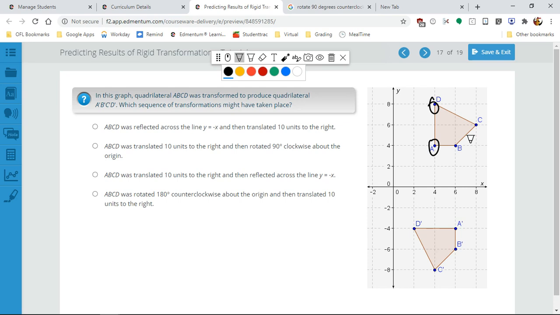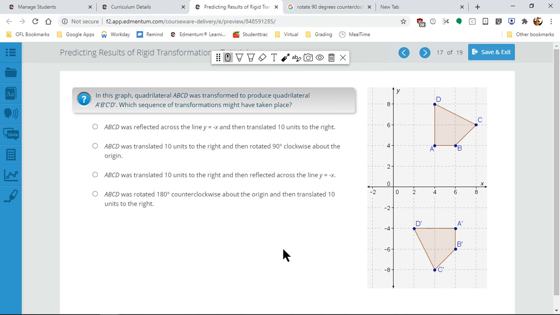So if I rotate 90, it looks like it could rotate here and then it would be a reflection. Or I can rotate it 180. That wouldn't work. So it looks like it's some type of 90-degree rotation, if I were to guess. And then we're translating it as well.